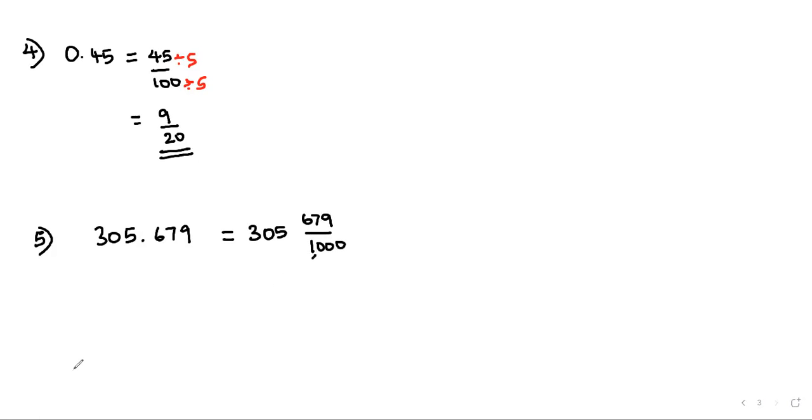Is it okay? Yes. And for part 6, we have negative 213.77. What do we have as a fraction?